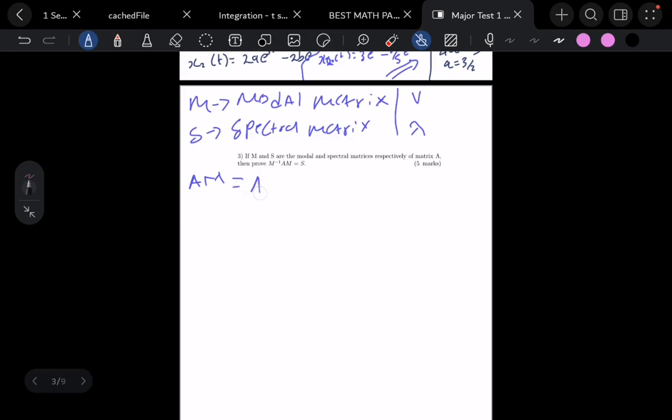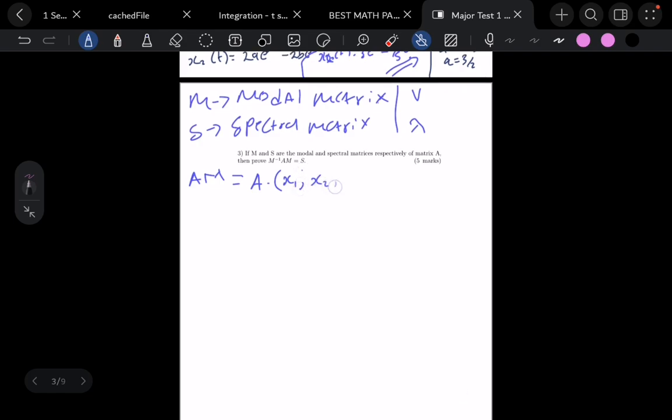So I'm going to say A times x1, x2, x3, up to xn. And then the next thing that I'm going to do, I'm going to multiply A in bracket, so it's going to be AM is equal to Ax1, Ax2, Ax3, dot dot, Axn.